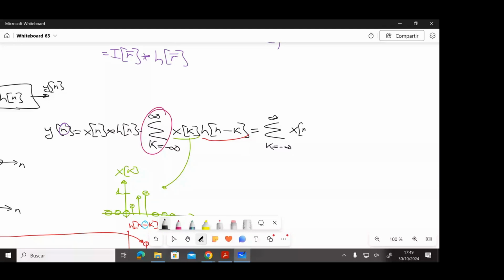It's the same. And this is another way of saying that the convolution is commutative. So I can also compute this. Okay, so that is for one dimension.